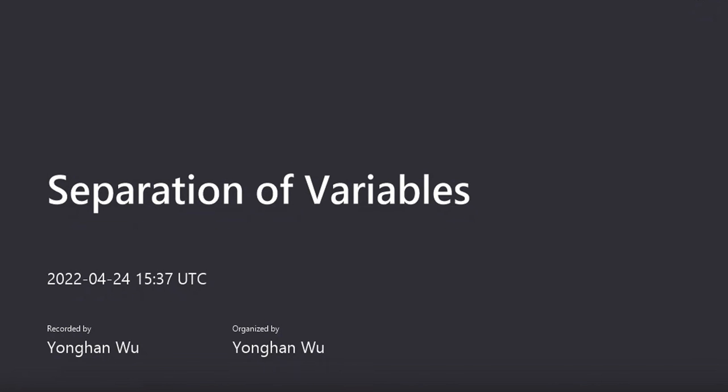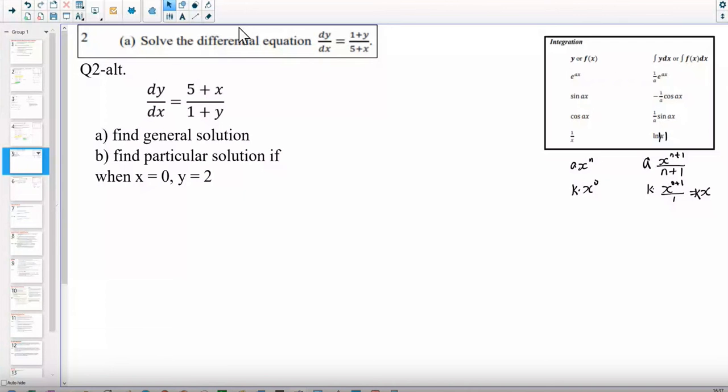Where you... question 2, where you are required to find a particular solution. If you're lucky, sometimes after separation of variables, you find that the question is significantly easier given how the variables are arranged. So we'll have a look at question 2 alternative.